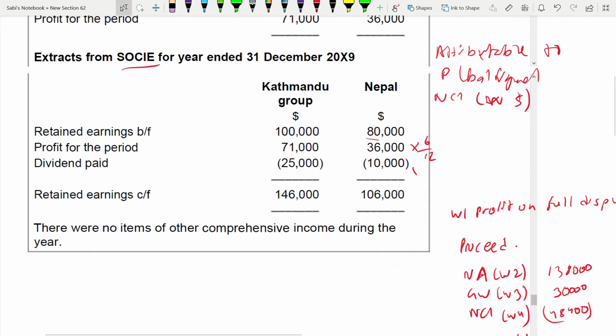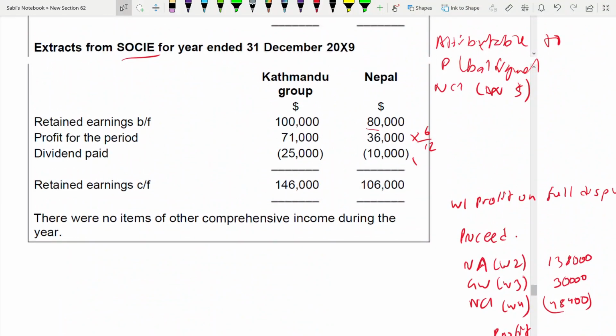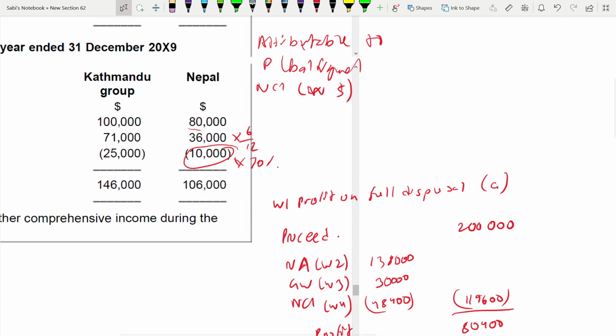Now, from your investment income, you have to deduct. When you're taking NCI, you are deducting the dividend, 30% for the NCI. But out of this 10,000 dividend, you have to take 70% and deduct it from investment income, the parent's share for Nepal.